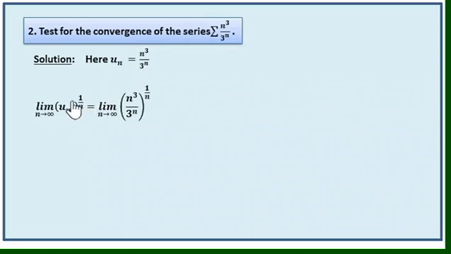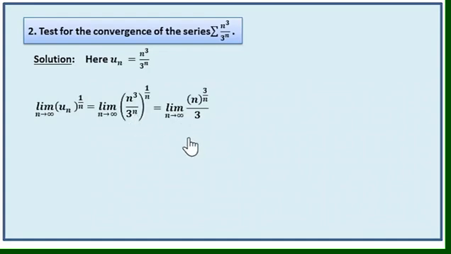So here we have un is n cube by 3 power n. Next step, we can write n cube power 1 by n divided by 3 power n to the power 1 by n. That is we have n to the power 3 into 1 by n, that is n power 3 by n, divided by 3 to the power n into 1 by n. So n cancels there. So we have 3 to the power 1, that is 3.